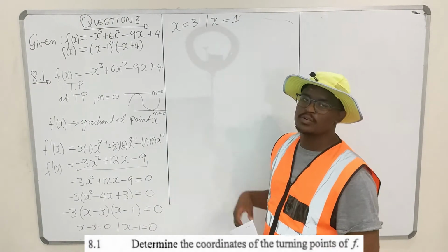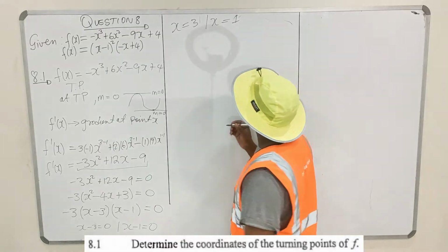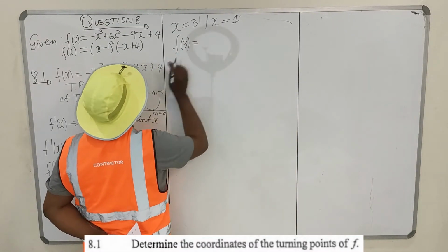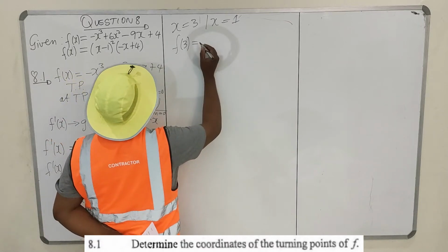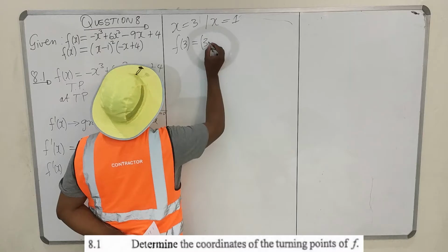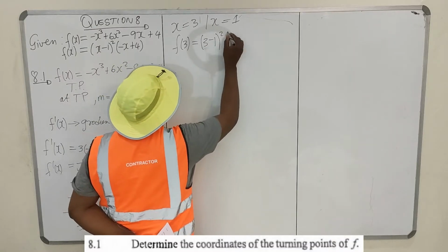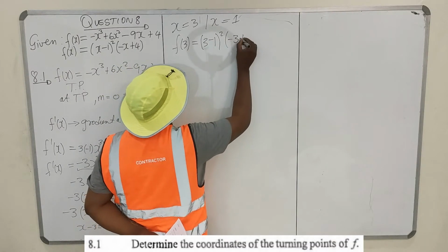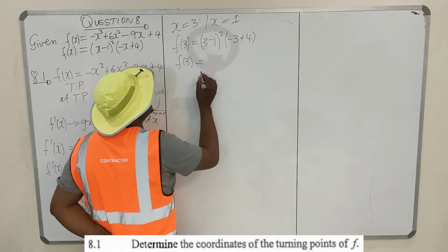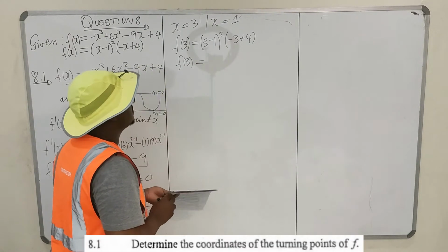So we have the x coordinates. To find the y coordinates, you need to find f at 3, which is 3 minus 1 all squared, times 3 plus 4. Sorry, this is f at 3. What is this?